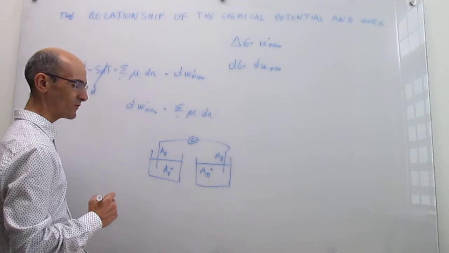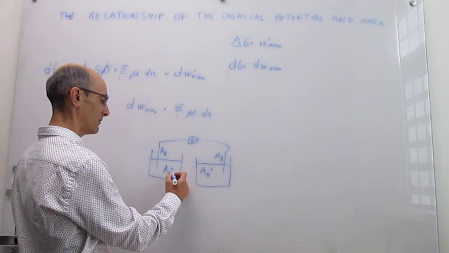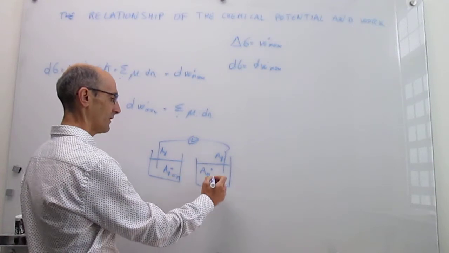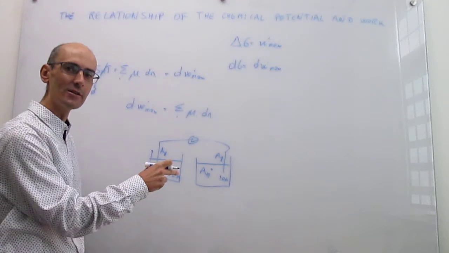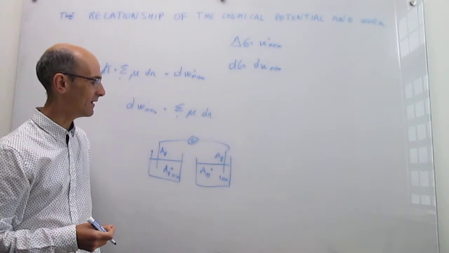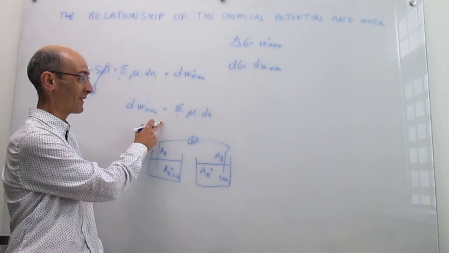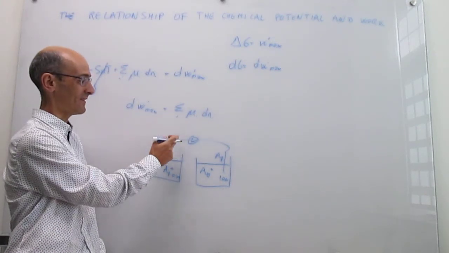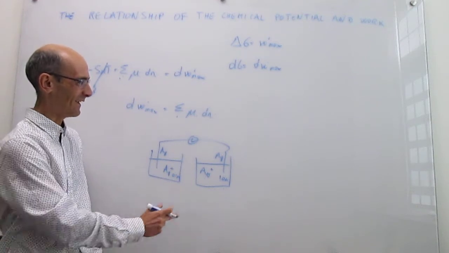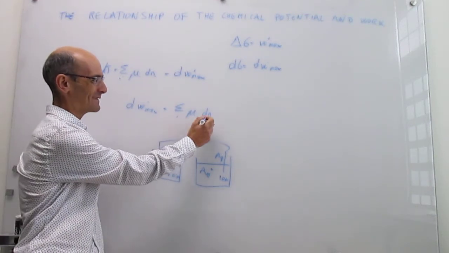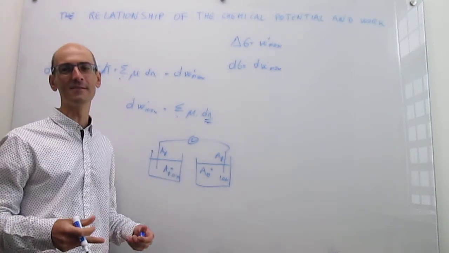You could actually measure a voltage if the concentration was different. If you had 0.1 molar here and 1.0 molar here, simply this difference in concentration allows you to measure a voltage, and that is ultimately connected to this. The electrical work that you can extract from this concentration cell is exactly this. The only thing that is different is the difference in concentration that you had in these concentration cells.